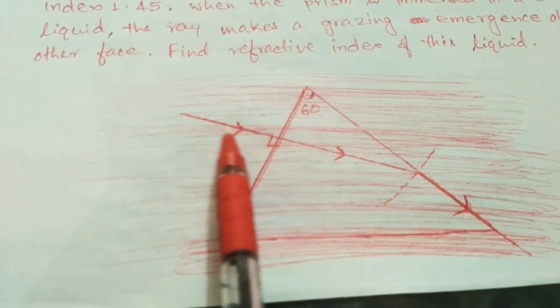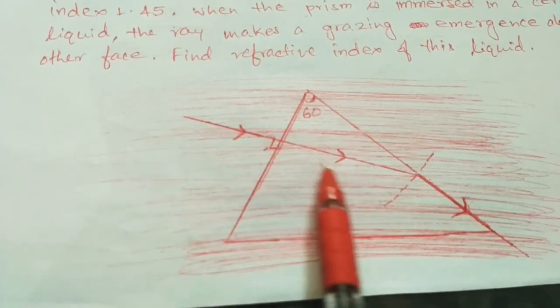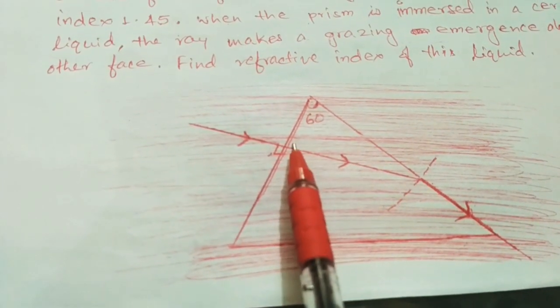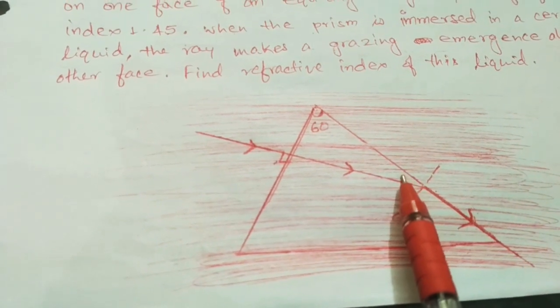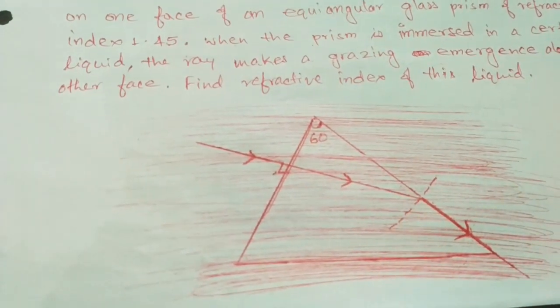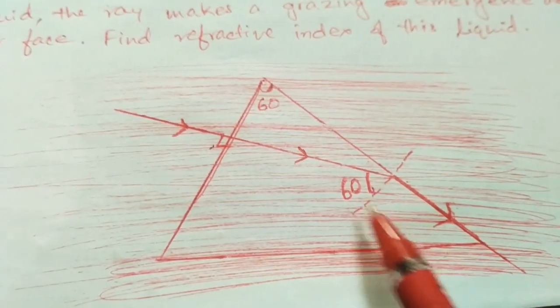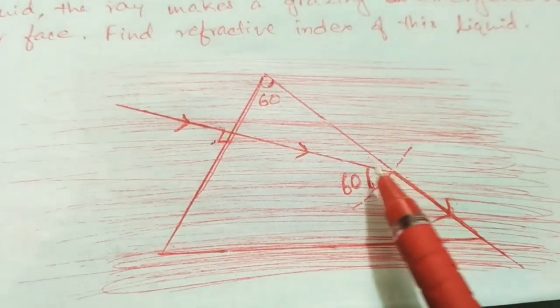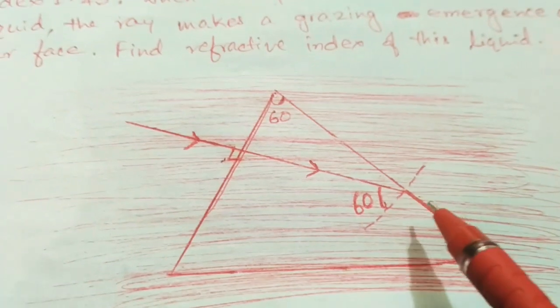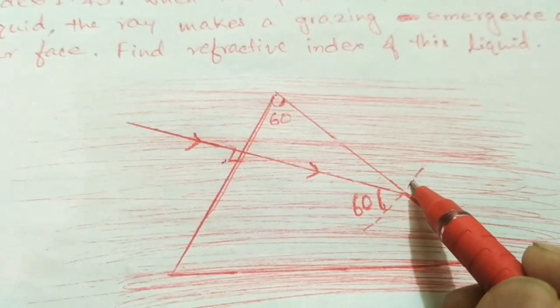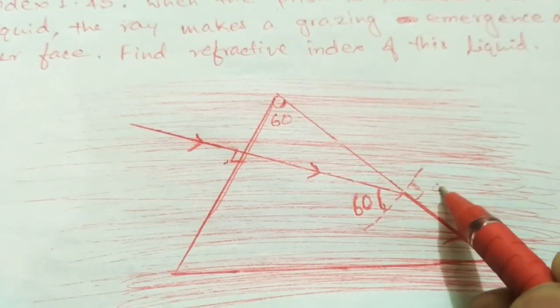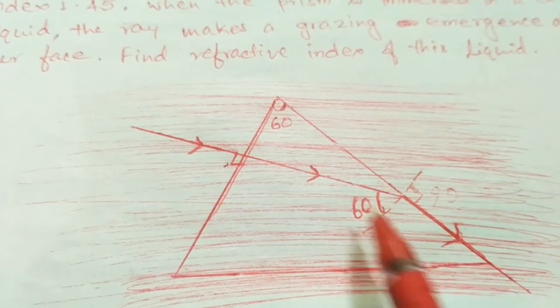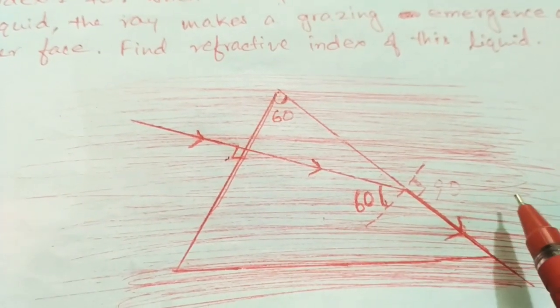So this angle is 60, the light is coming in normally and goes normally to this. So this is 60, this is 90, this one will be 30, and the remaining angle becomes 60. So this angle becomes 60, and you can see the light is grazing the surface, meaning this is the critical angle and this is 90 degrees. So we can say the light is going from the glass to liquid.